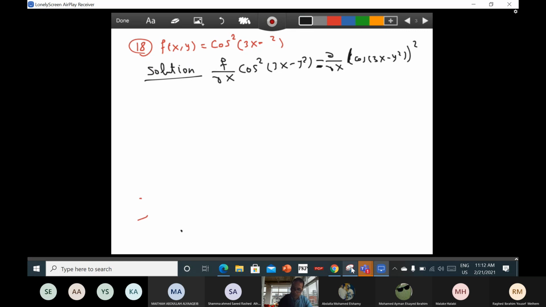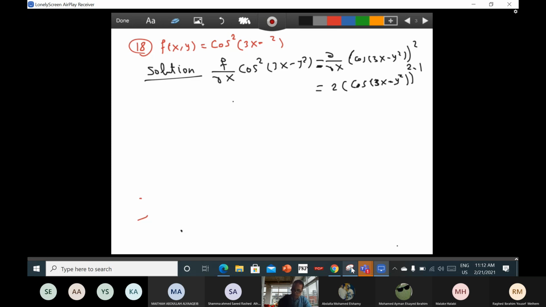So my big box is the square. I'm just differentiating the power first. How to differentiate the power? I bring the power down, and I have cosine (3x minus y square) to the power 2 minus 1.